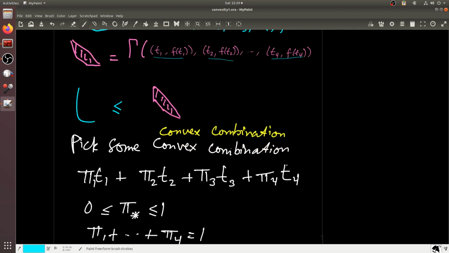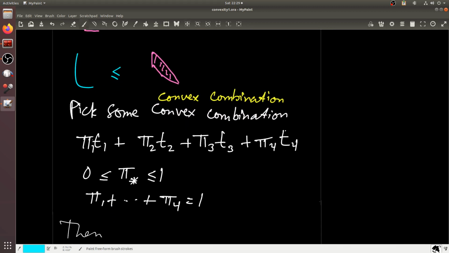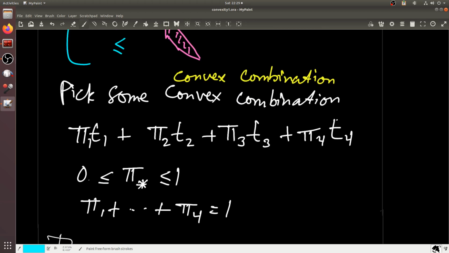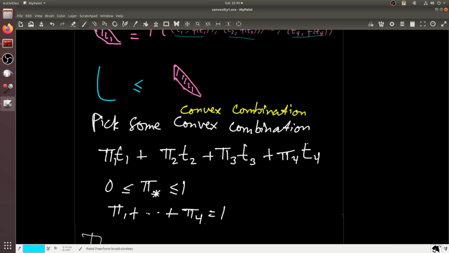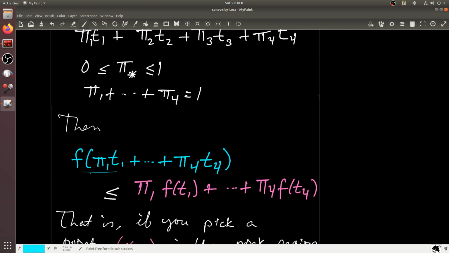Pick some convex combination. Convex combination means probability distribution. Pi 1 T1 plus pi 2 T2 plus pi 3 T3 plus pi 4 T4. These are the rules for probability distributions, so all of the probabilities have to be between 0 and 1, and they have to add to 1. Then f of pi 1 T1 plus and so on up to pi 4 T4.